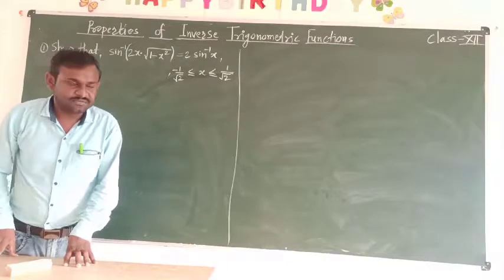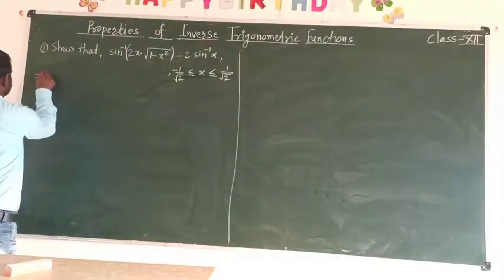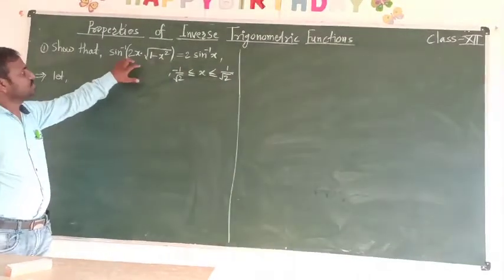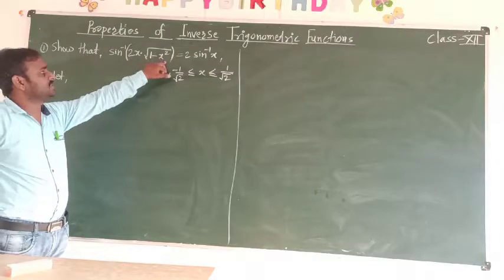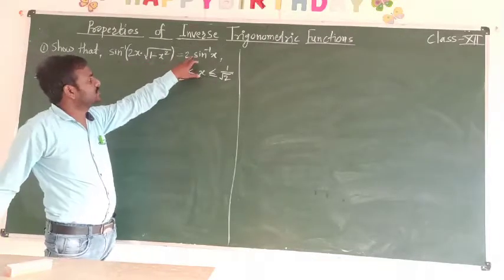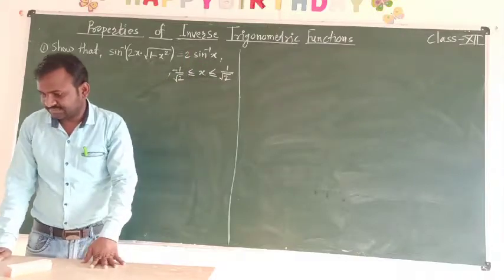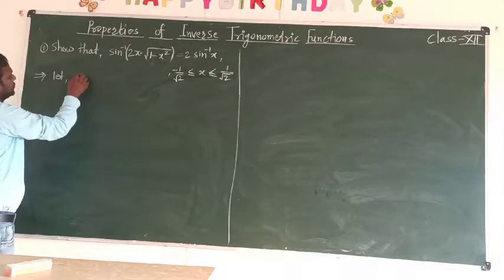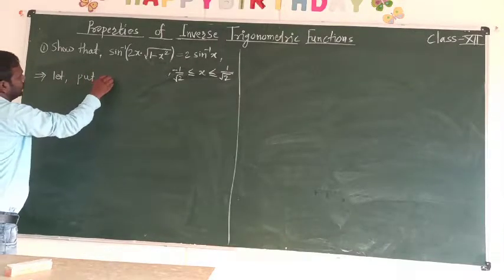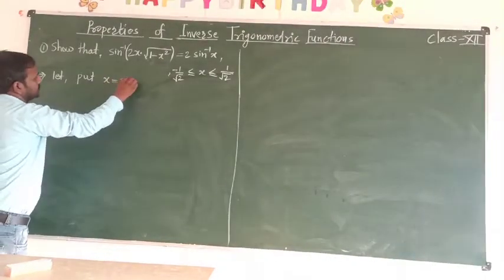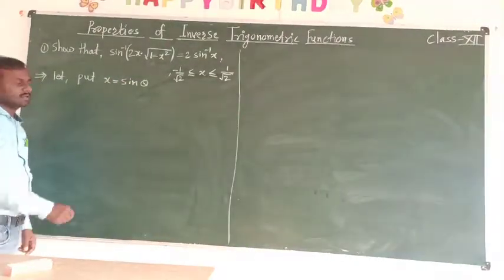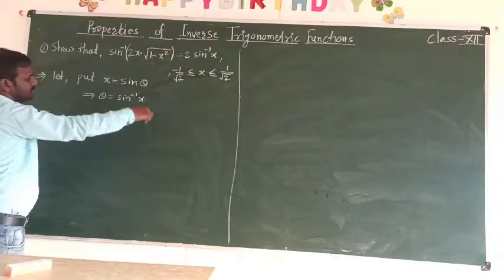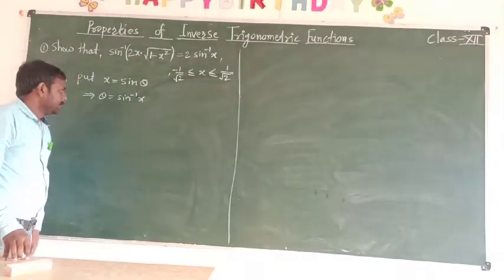In this type of example, first, it is given that sin inverse of 2x times under root of 1 minus x square, and we have to prove that it equals 2 times sin inverse x. So let us put x equal to sin theta, then we get theta equal to sin inverse x.